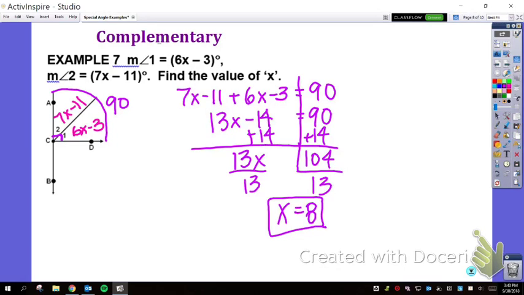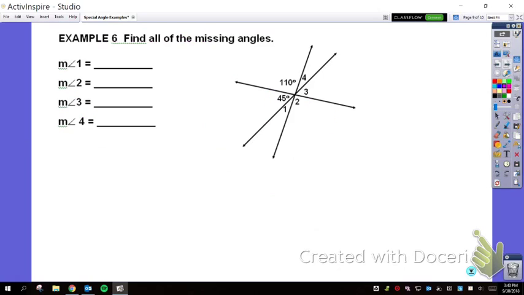Now, our very last one, there are multiple ways to do this problem. I'm just going to show you one way. It says to find all of the missing angles. So if we look at our picture, we know that a straight line forms 180 degrees. So these three angles are going to equal 180 degrees. So we're going to find angle 1 first.